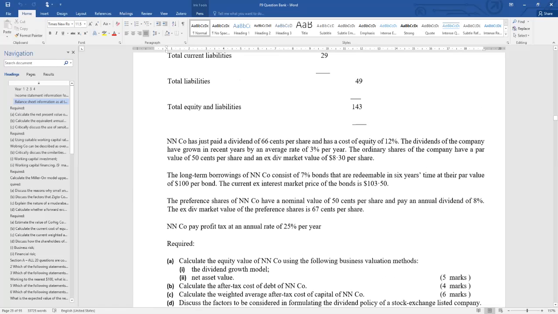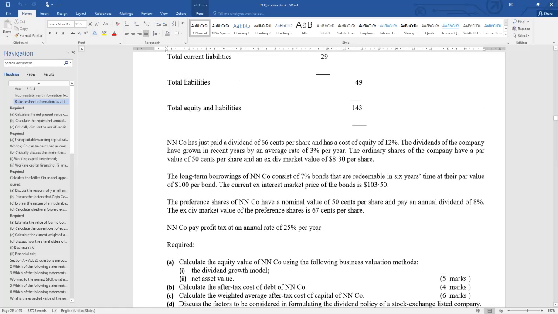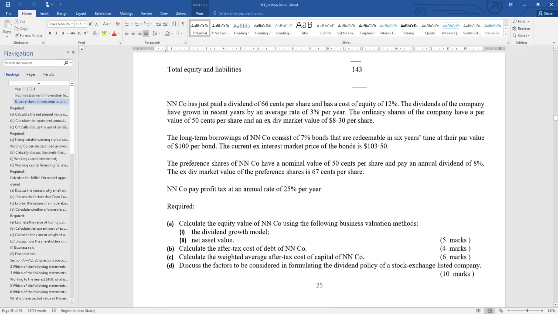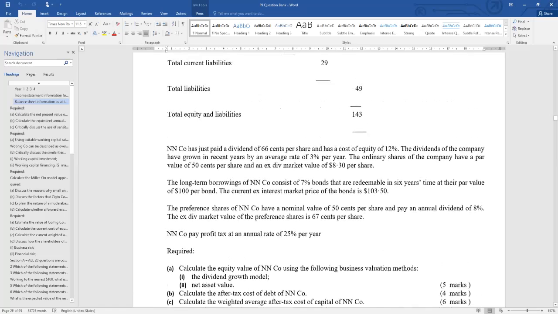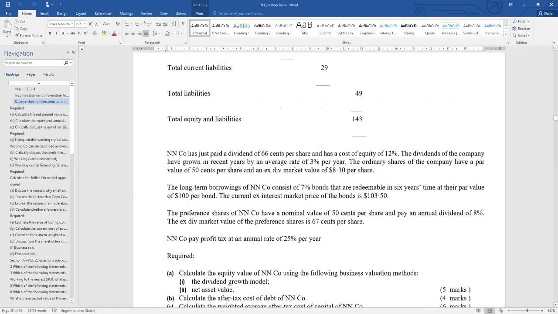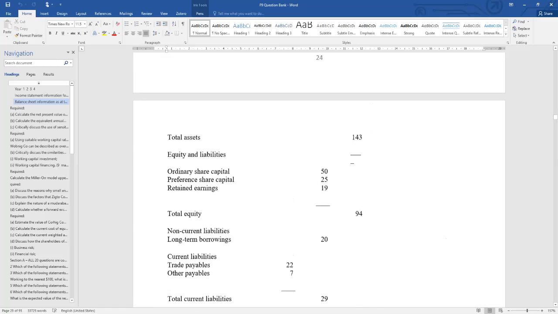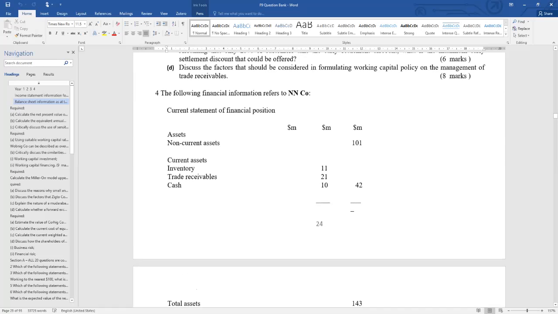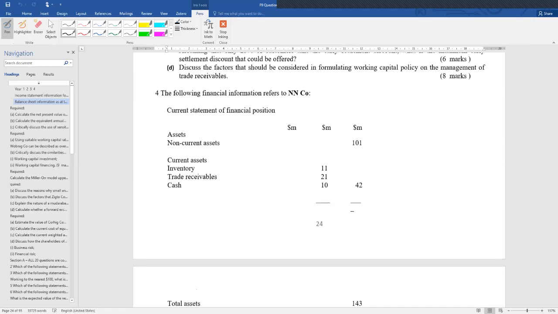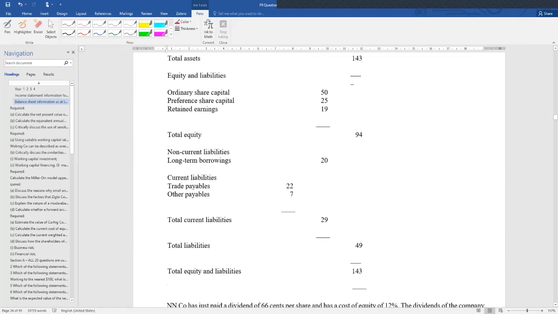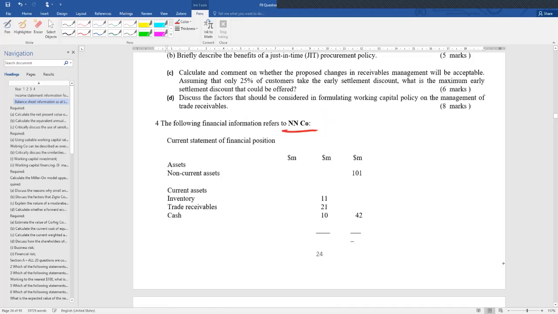I guess we can do this. There's a company called NN Company, page 24, page 25.